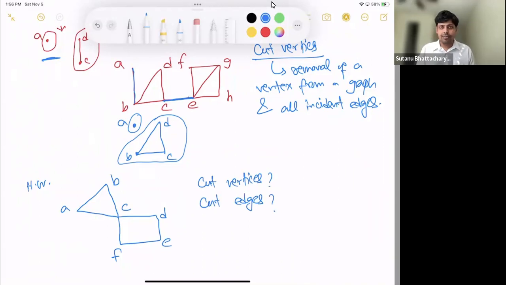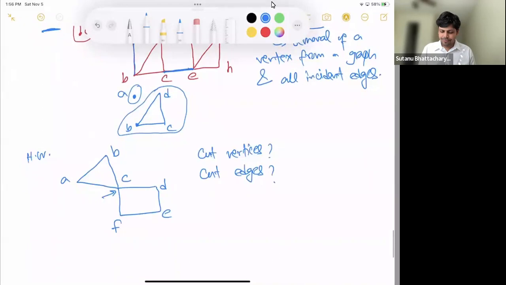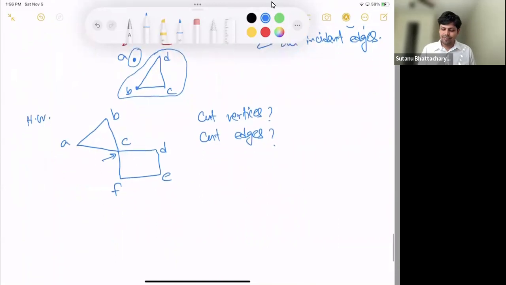It's not that every graph will have cut vertices or cut edges. In this graph, if you delete C and all incident edges on C, obviously the graph will be disconnected. So this would be your homework. You just look into that. And I don't think it has any cut edge. Just verify that. This graph most probably will not have any cut edge.